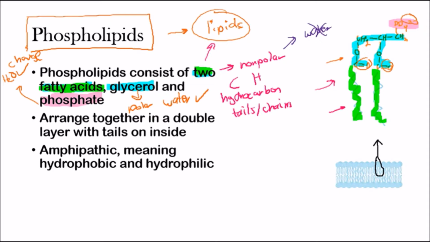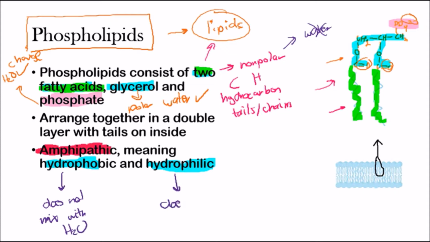And that term is called amphipathic. An amphipathic molecule is a molecule which is both hydrophobic and hydrophilic. Hydrophobic is just a fancy way of saying does not mix with water, and hydrophilic is just a fancy way of saying does mix well with water.